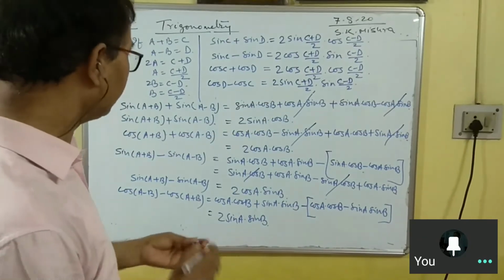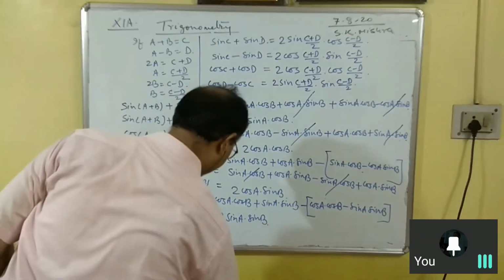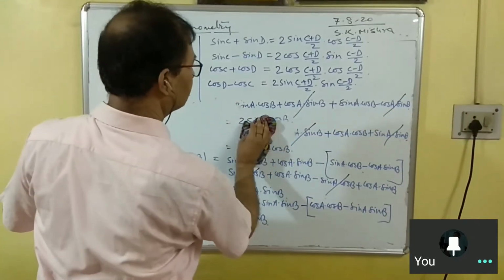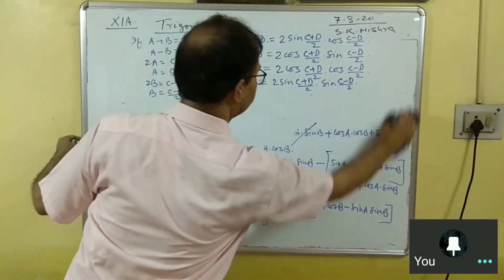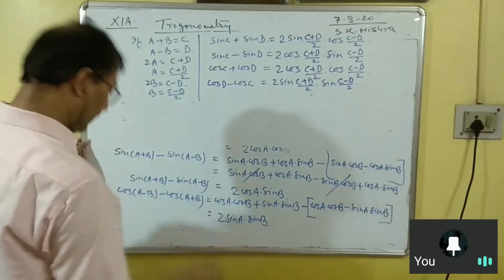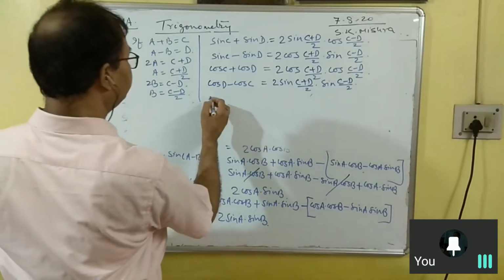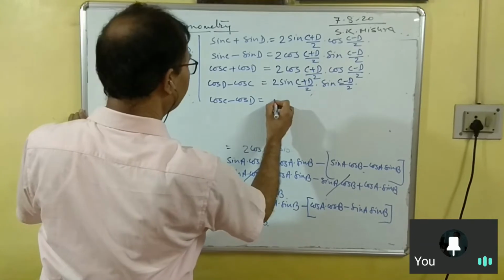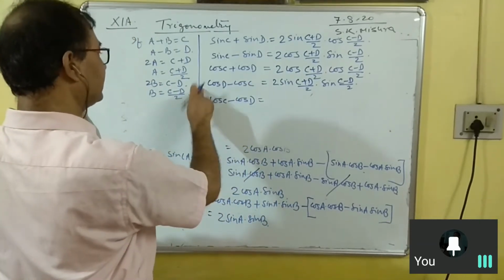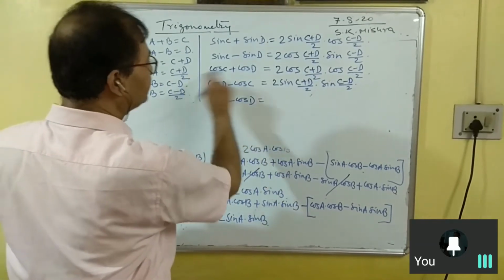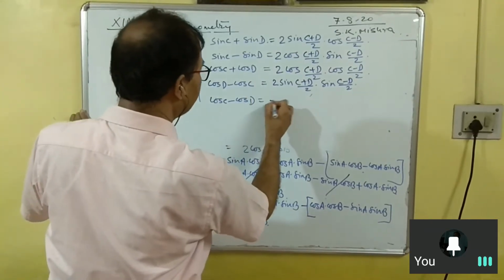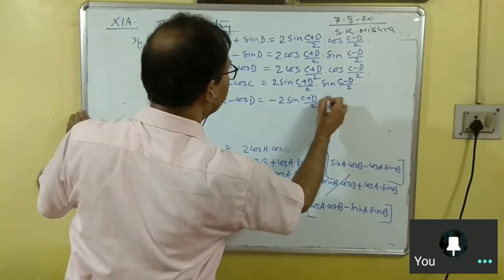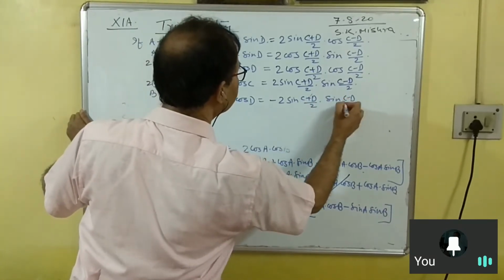Now we are rubbing this part because you have already taken the snapshot. Now I am writing cos C first minus cos D. If you write cos C first, then a negative sign will come, and that negative sign should be transferred to the right side. Then it is minus 2 sin (C plus D) by 2 into sin (C minus D) by 2.